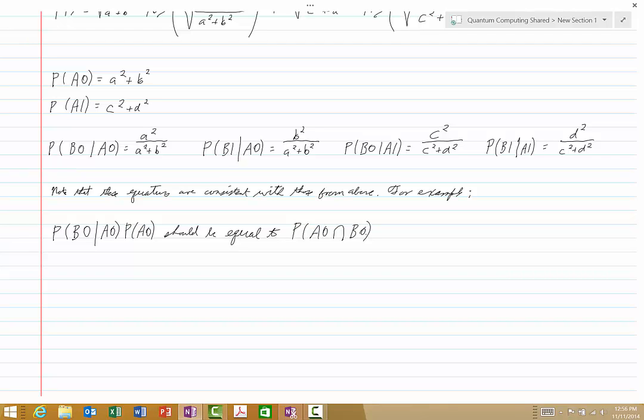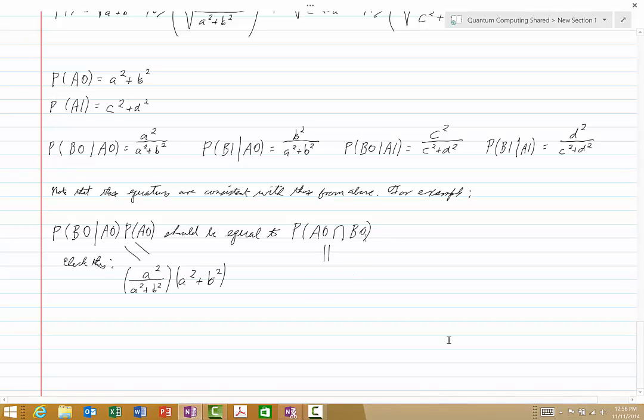And now let's check and see if that's true. According to this formula here, P of B0 given A0 is A squared over A squared plus B squared. P of A0 is A squared plus B squared. And so that's what this is equal to.